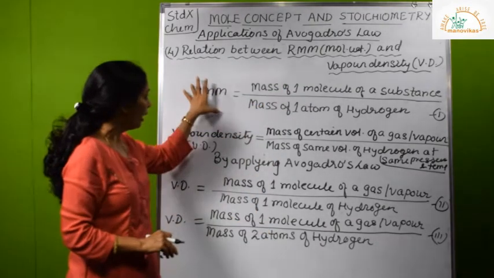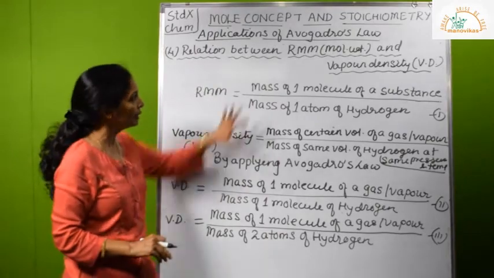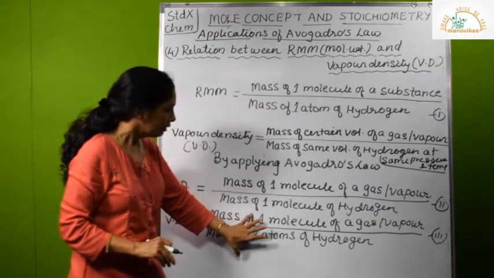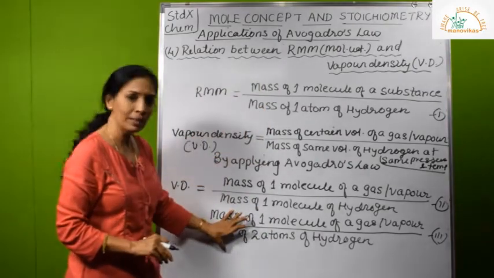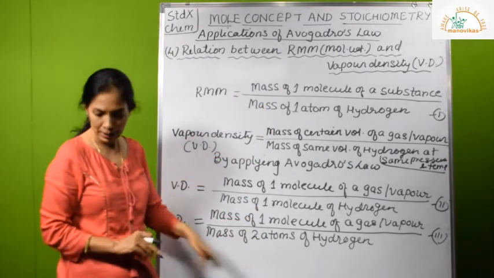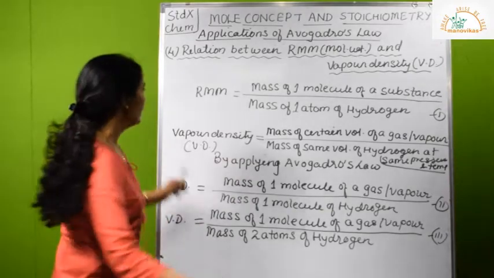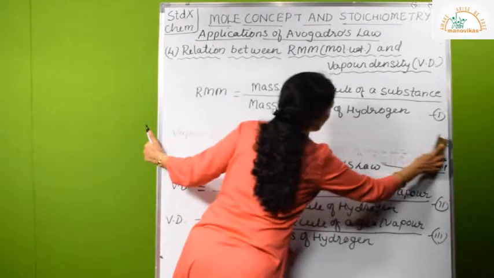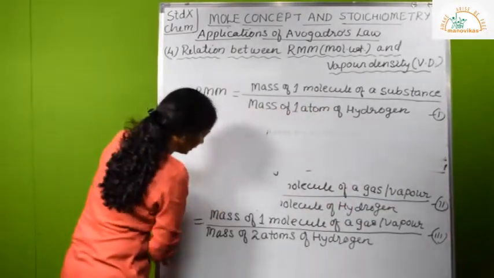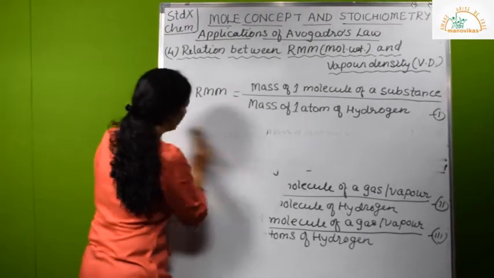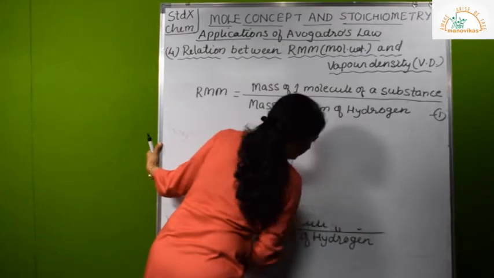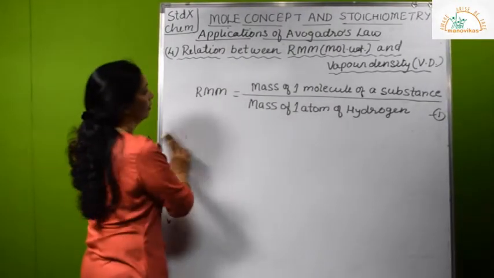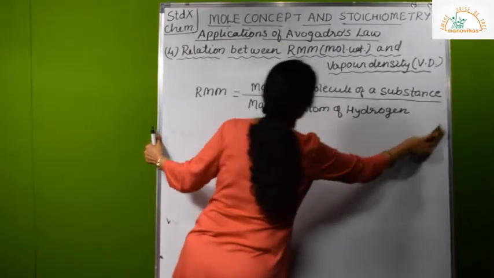So RMM upon vapor density is equal to this entire thing divided by this, or we can write this entire thing multiplied by reciprocal of this. So let us write that and see what is the relation between relative molecular mass and vapor density. I will continue with this.